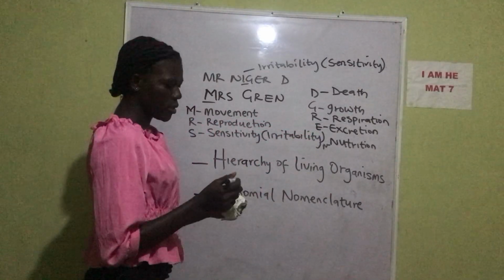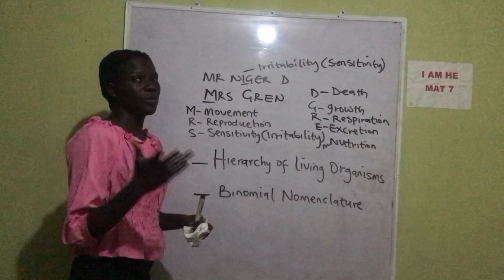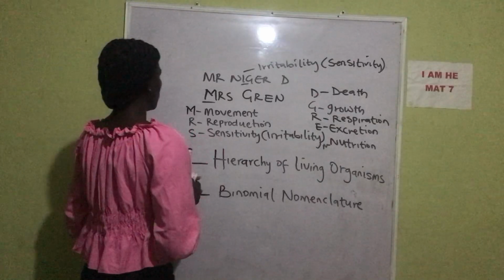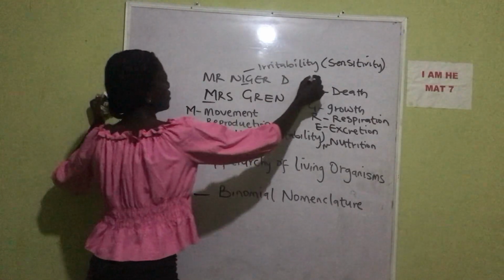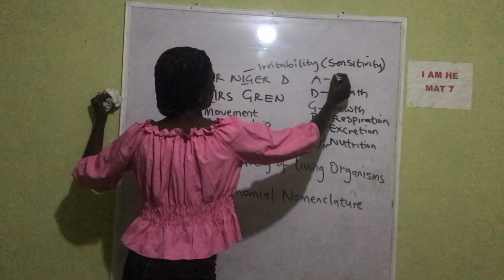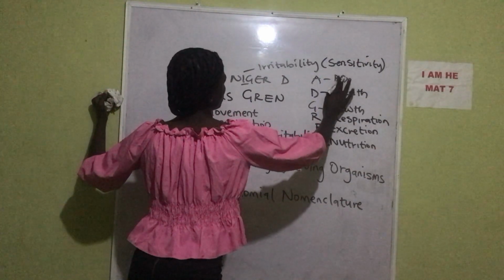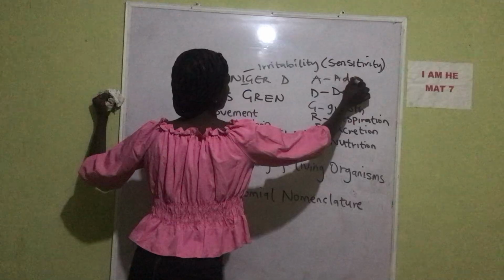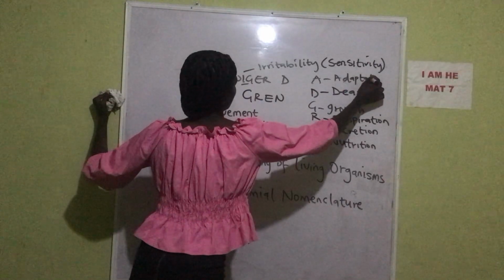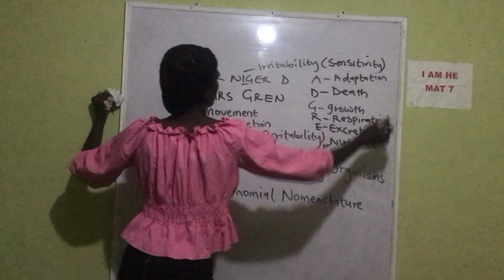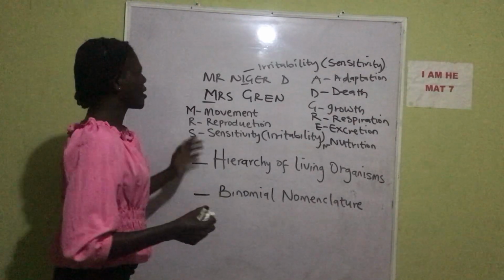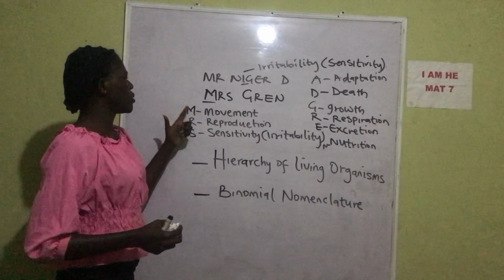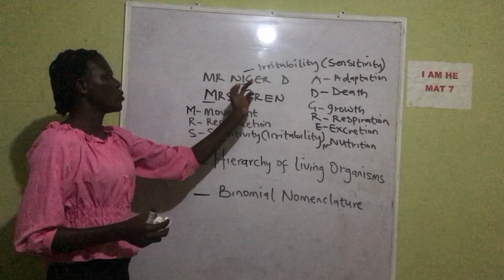Okay, if you check in other textbooks, they added adaptation. Let me write A. We have adaptation. So the characteristics of living things include Mr. Niger D or Mrs. Green.